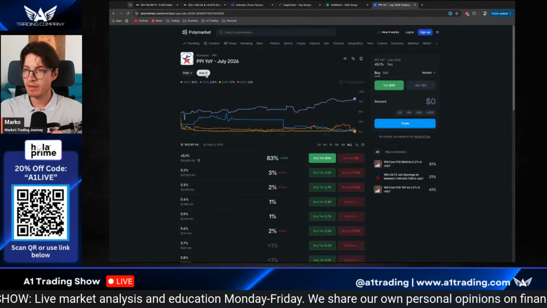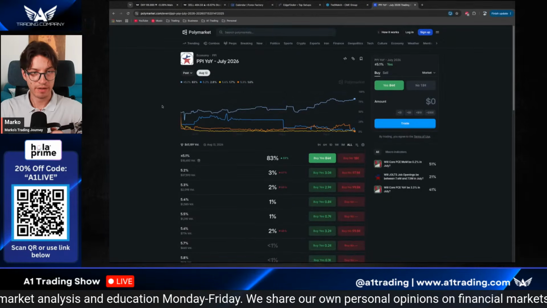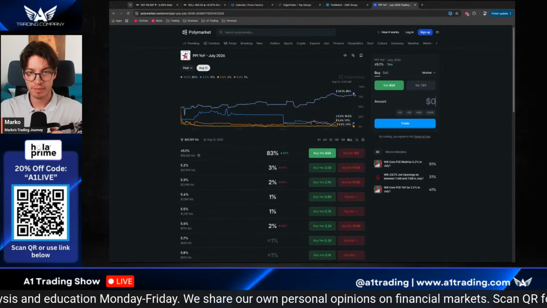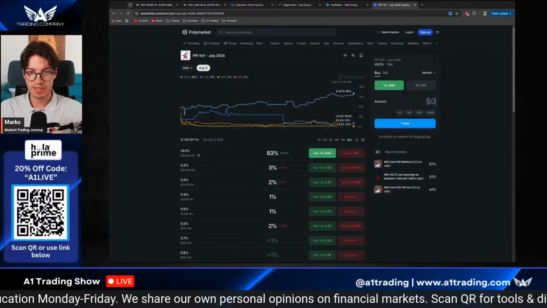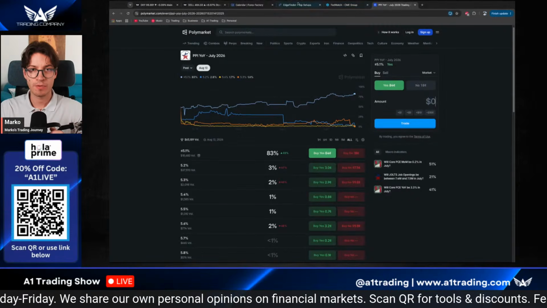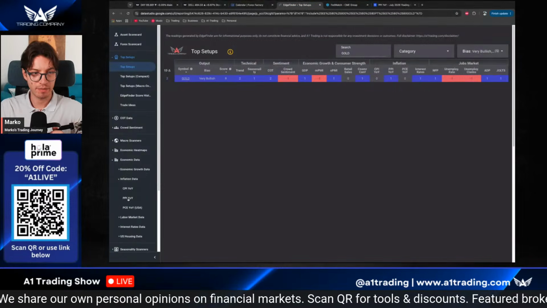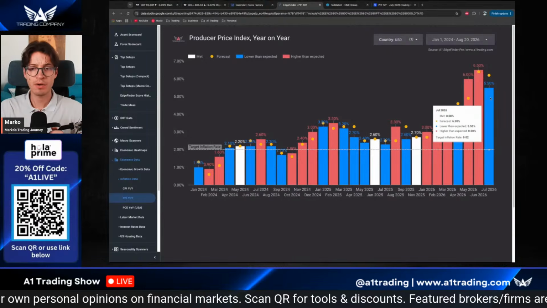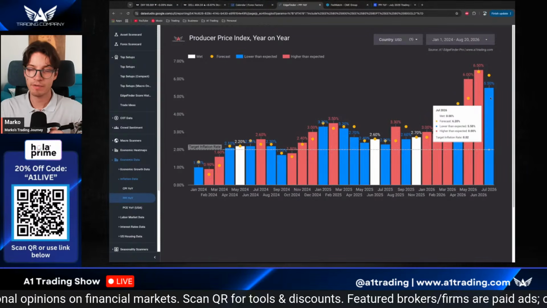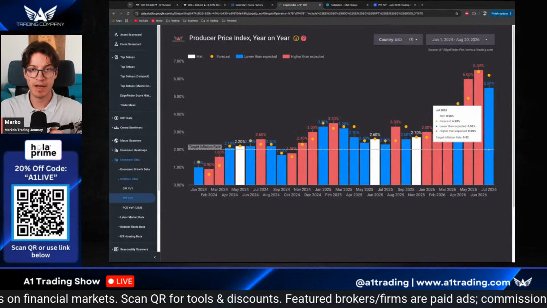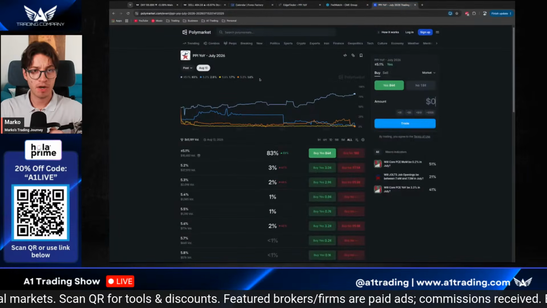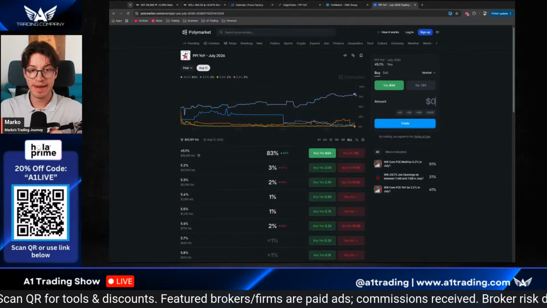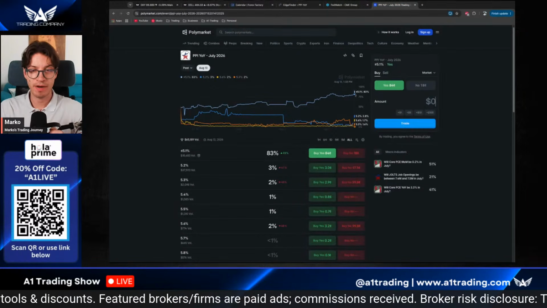So it ends today, which is correct. And the bet is lower than 5.1%. So if we look at the edge finder, we look at the PPI. Looks like the bet is on a cooler inflation. Current number 5.5%. Polymarket PPI says an 85% chance that it's lower than 5.1.